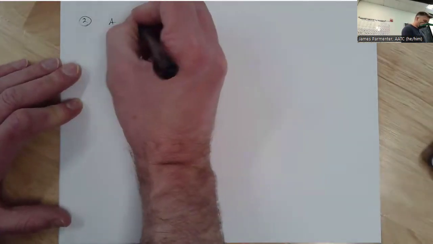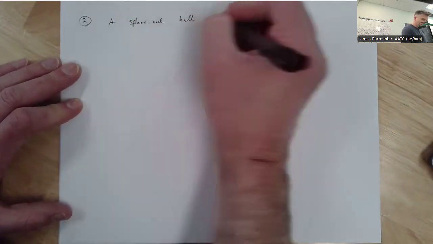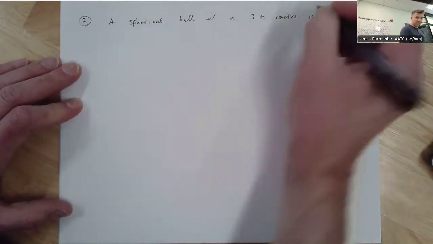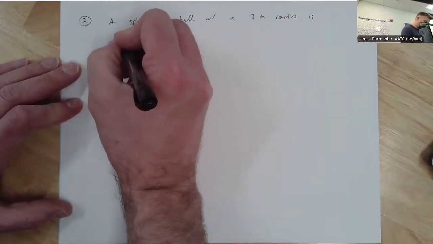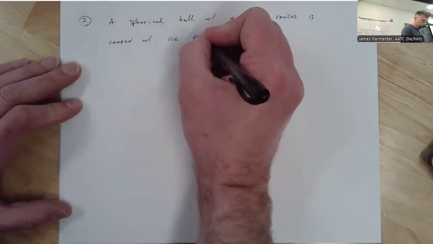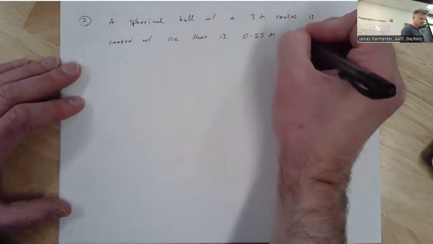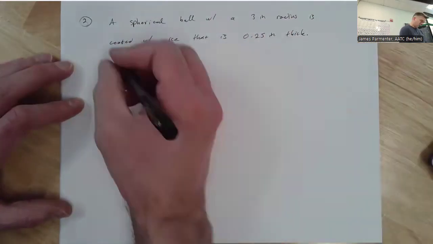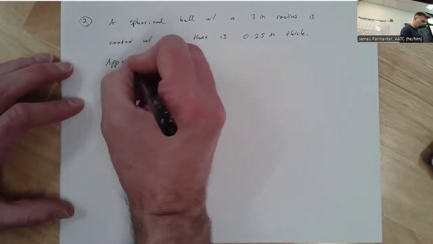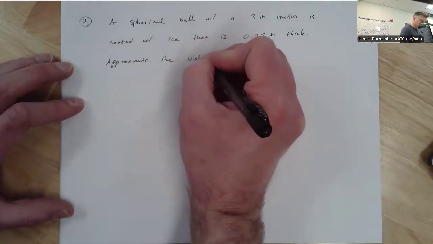A spherical ball with a 3-inch radius is coated with ice that is a 1/4 inch thick. We want to approximate the volume of ice coating the ball.